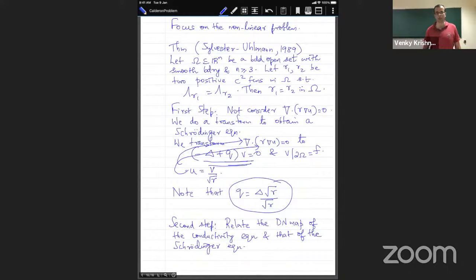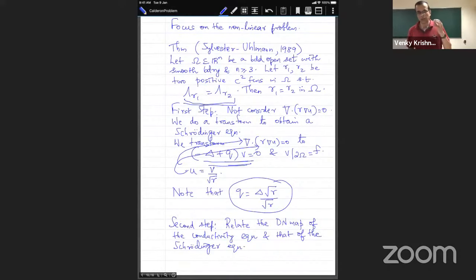Because what is the information that is given to us? The information given to us is about the Dirichlet-to-Neumann map corresponding to the conductivity equation. But I want to relate that to the Dirichlet-to-Neumann map of the Schrodinger equation. Now the Schrodinger equation is minus Laplace plus Q, where Q is of a special form.